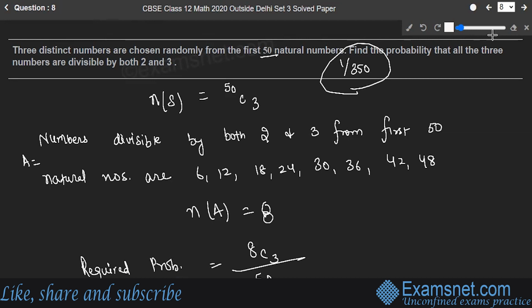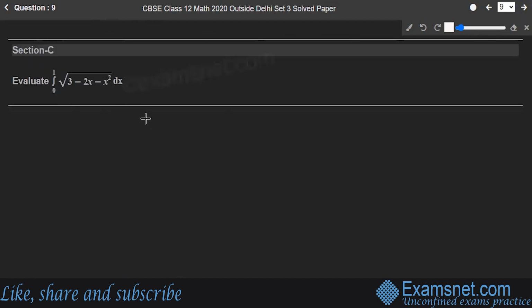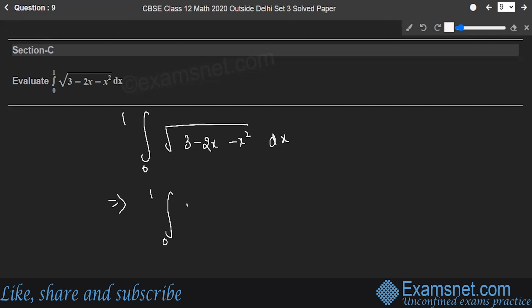Let's move to the next question, number 9. You have to evaluate the integral from 0 to 1 of root of 3 minus 2x minus x squared dx. Now this can be written as 0 to 1 limit. I'll take the minus common inside the root.